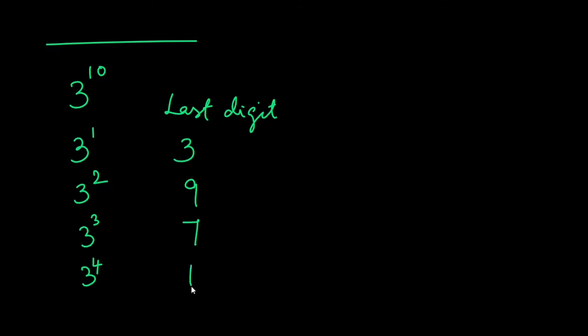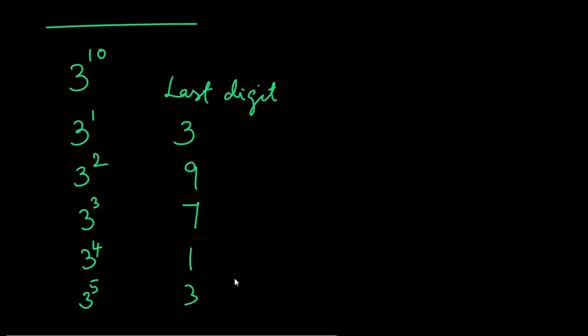So last digit here is 1. 3 power 5, again we are getting 3. They get repeated after 4 powers.